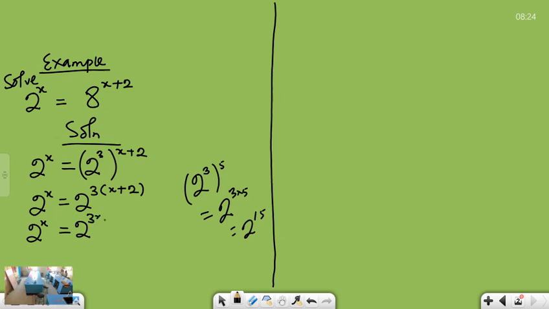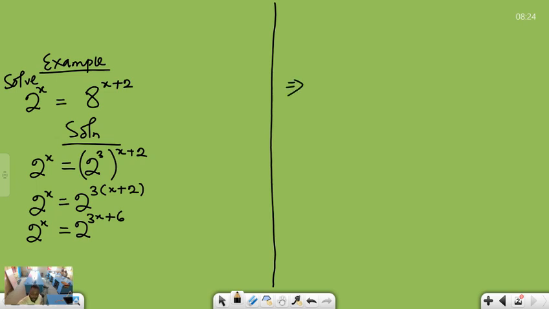We are going to expand the bracket now: 3x plus 6. Now look, the bases are the same. We have 2 here, and we equally have 2 on the other side. So since the bases are the same, we apply the theorem that says if the bases are the same, then the powers are equal.